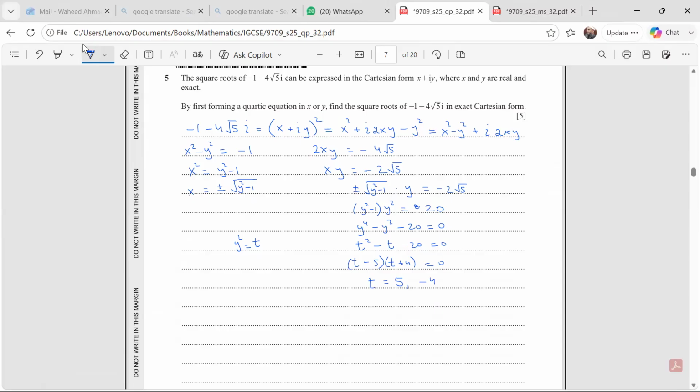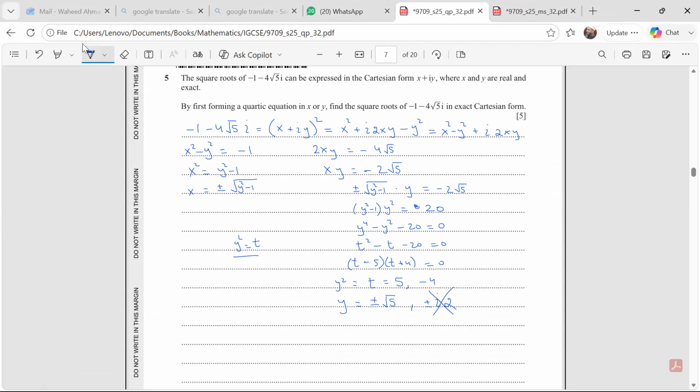But t was equal to y squared, remember? So y is equal to the square root, which is going to be plus minus under the root 5, or plus minus iota 2. But since we are assuming that x and y are real numbers, we will discard this solution. I will just consider the first one.